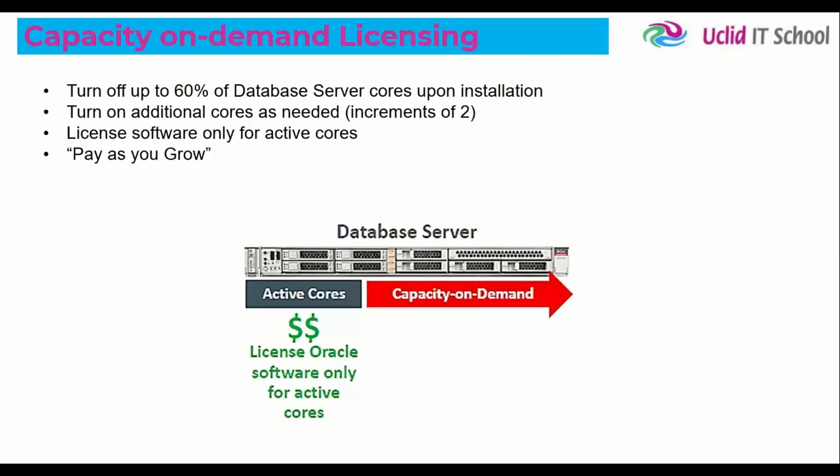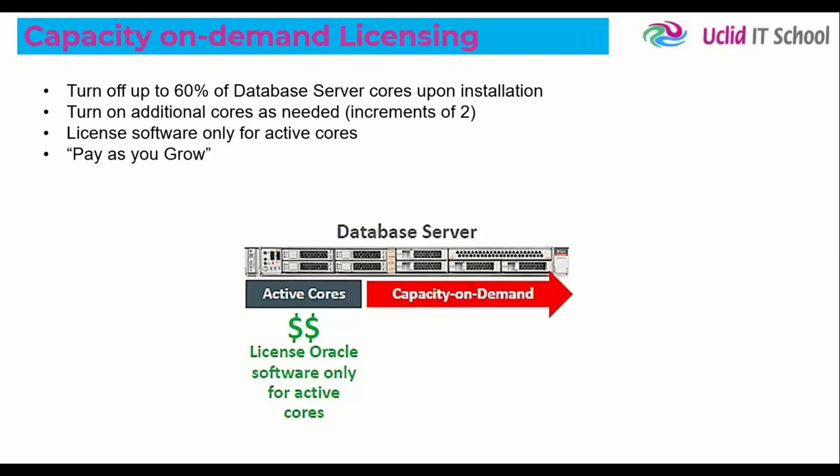So you may not use all the CPUs. So in that case, Oracle will give you capacity on demand licensing, which will reduce your software licensing cost. With capacity on demand licensing, Oracle can turn off up to 60% of the CPU cores on the database servers. Only 40% of the cores will be enabled. So you need to purchase the licenses for 40% CPU cores.